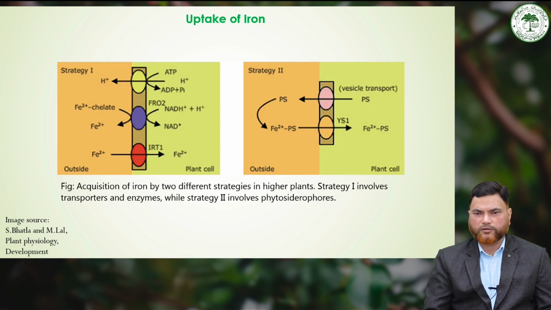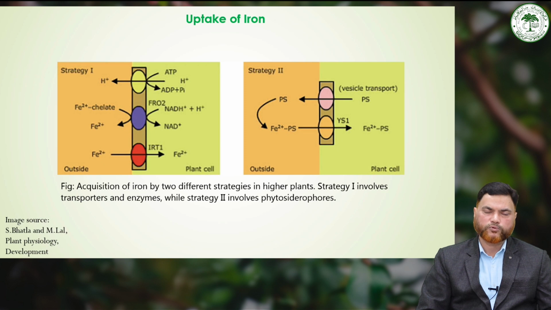The ferric and PS complex is then transported into the epidermal cells of iron deficient roots by high affinity transporters. So basically in strategy 2, high affinity transport plays a very significant role.